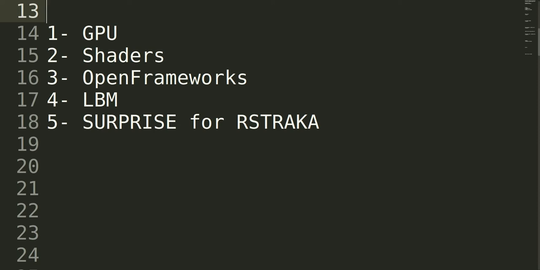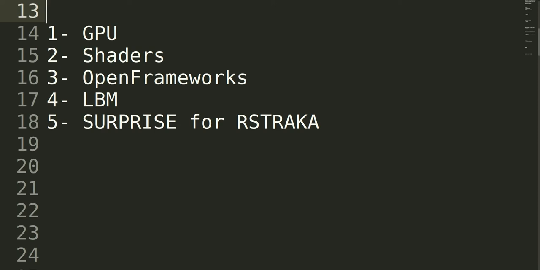Then I will introduce you to the technique that I use for implementation of compute shaders, in the example of the Lattice Boltzmann Method, but to be honest I will tell you more about diffusion reaction, and then briefly introduce the tutorial for Lattice Boltzmann. And then there will be a small surprise for my friend Robert, who organized this very nice meeting in Kraków.